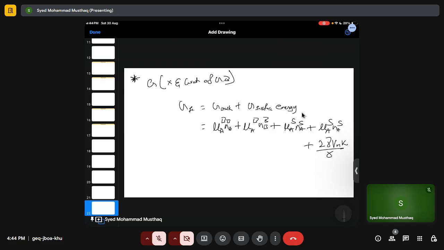Now this is my surface energy. What are the things that define it? One, my composition, because Na is there. So what are the terms that define it here?